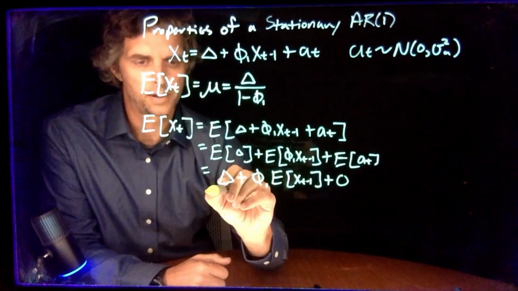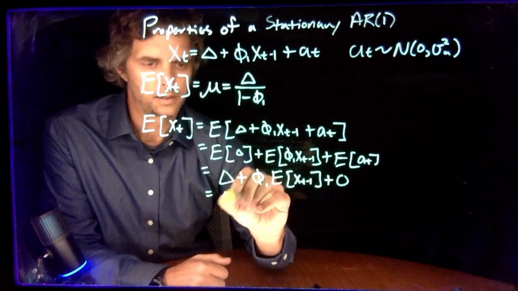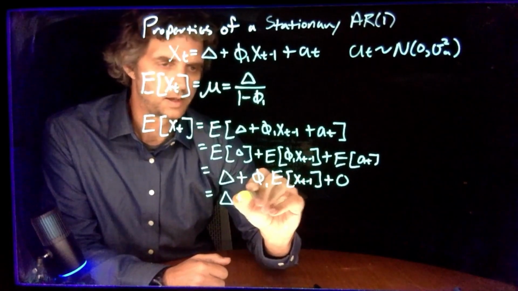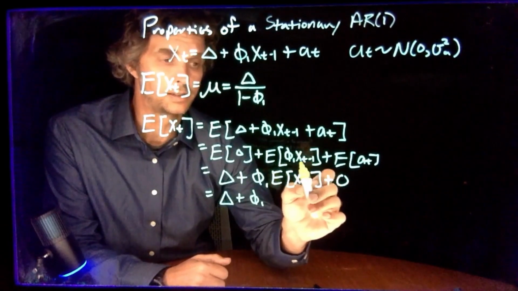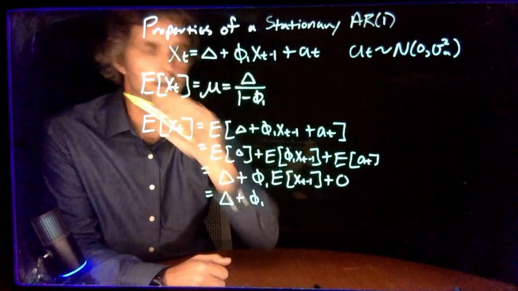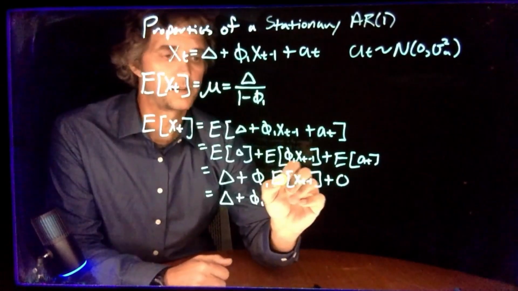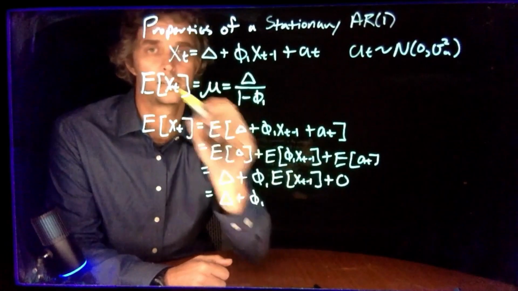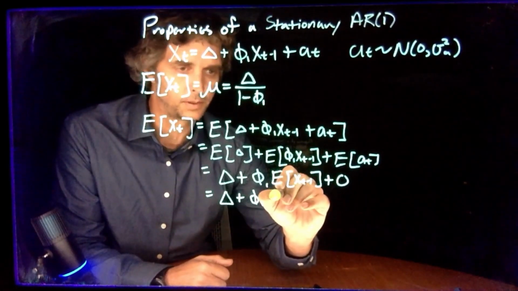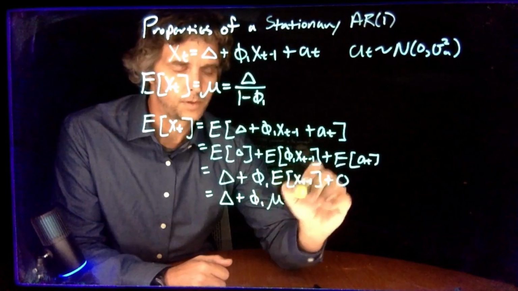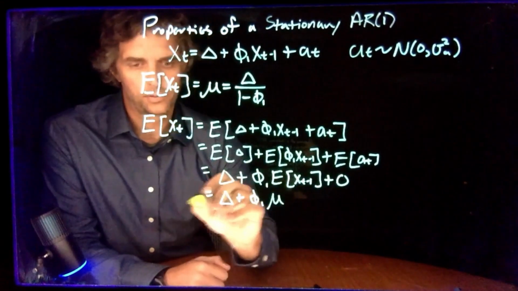So I can rewrite this as delta plus phi1, and since this is a stationary process, the expected value of xt minus 1 is the same as the expected value of xt, and so that is simply mu, plus 0.